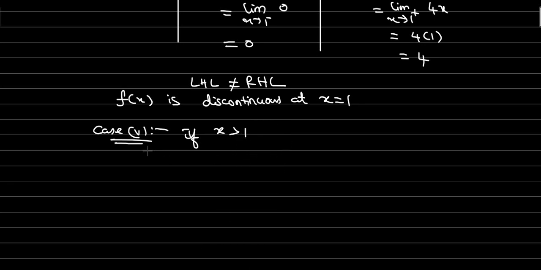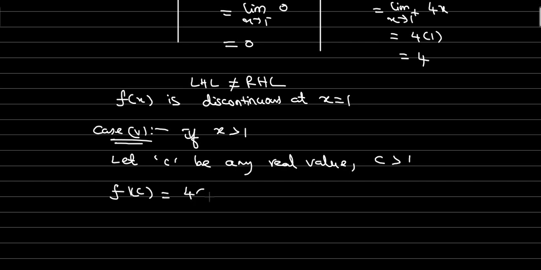So if it is greater than 1, infinite real values we have, no. Let c be any real value, at the same time c should be greater than 1. Now f of c, so suitable function 4x, no, that means this is 4c. So basically we are going to check the continuity for this interval. We have taken the c, no, so we need f of c. So f of c just now we found that is 4c.